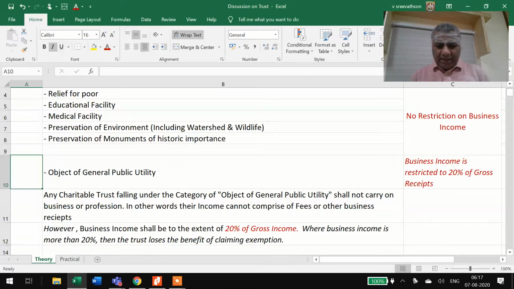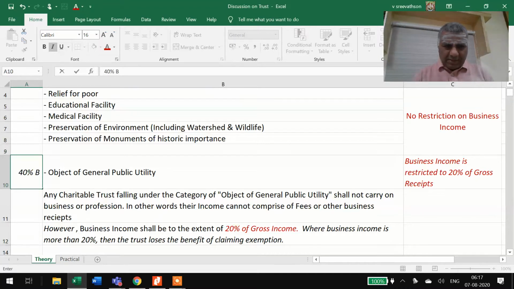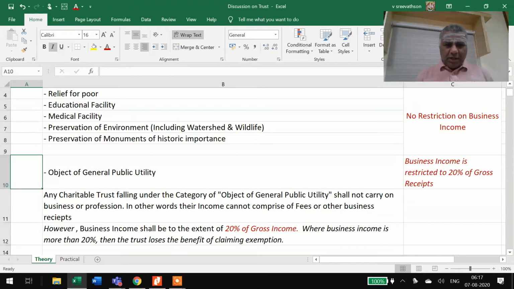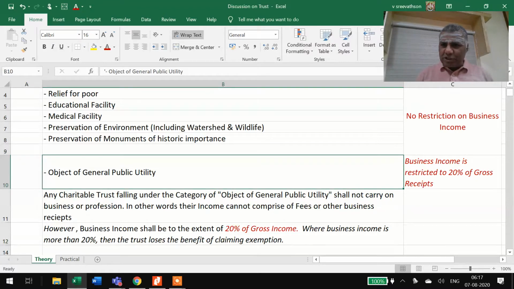Their income comprises 40% business and 60% donation. Are they losing the exemption? Yes, they are losing the exemption because it exceeds 20%.